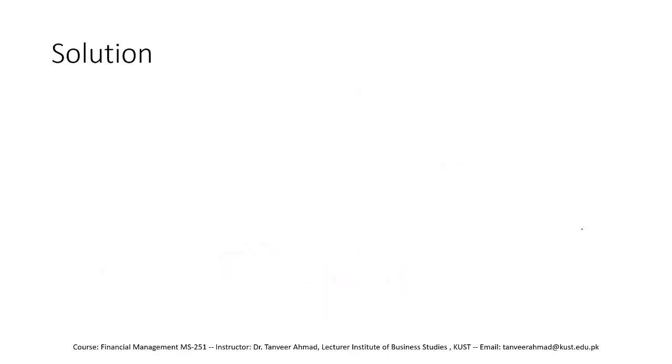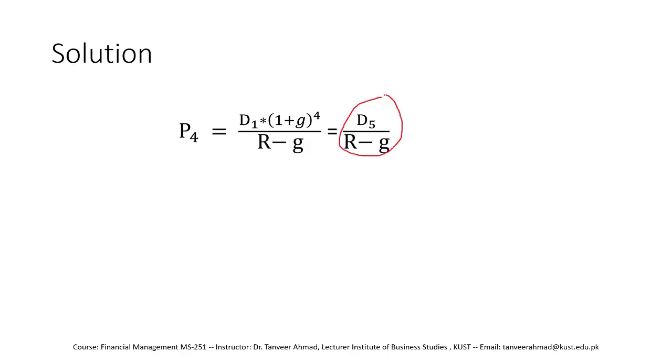So let's move towards the solution. This is what I have written in the previous slide, which was D5 divided by R minus G. If we simplify this, it would be equal to D1 into 1 plus G. We can write it in different ways depending on the question.